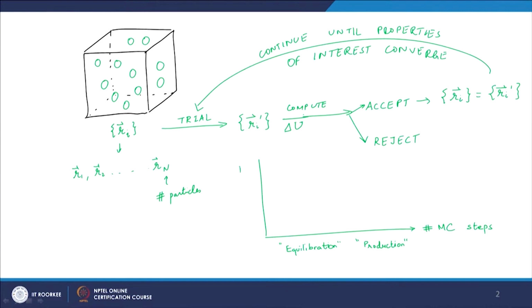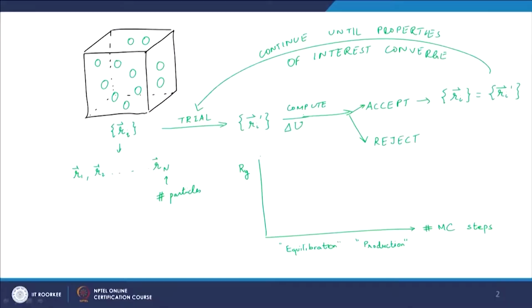Okay. So, in the case of a polymer chain, then the property of interest can be, for example, Rg. So, when I measure Rg for a particular Monte Carlo step, I am getting the Rg for a particular conformation. So, in the beginning I can be very far off from an actual value.